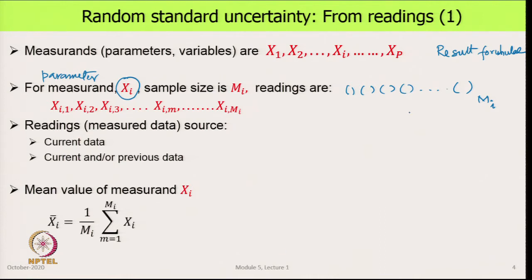That means, for the x i variable, I have this many individual independent measurements. This m i could be m1 for x1, m2 for x2, and so on, and these m's need not be equal or the same.